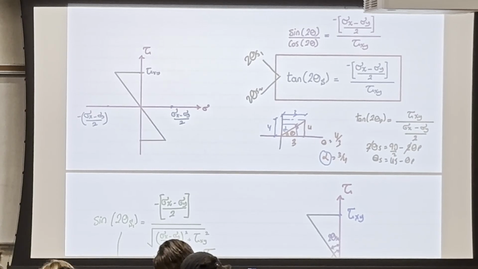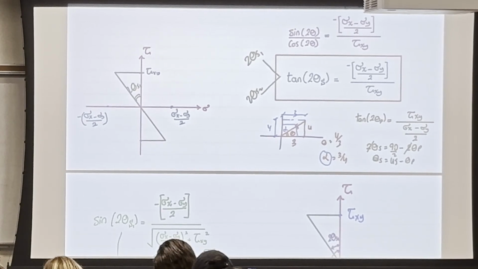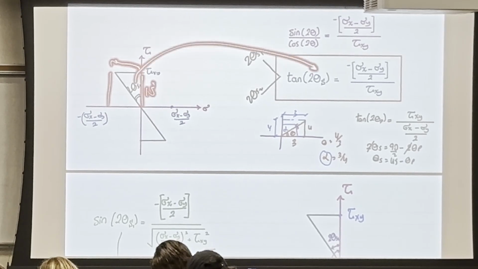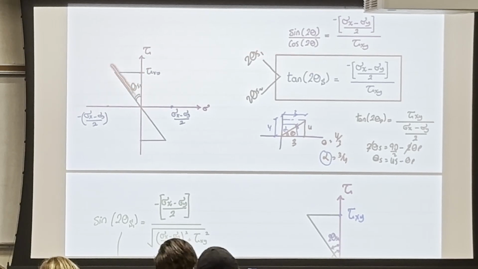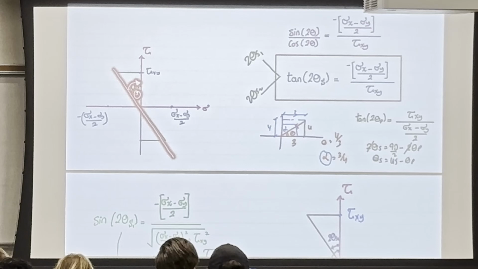And this will be your theta. The reason why this is your theta s1 is when I say this term, which is sigma x minus sigma y over 2 over tau xy, that's your tan. That's why this is my triangle now. Which tells you that this angle is from the plane element to the shear. It's not from x anymore.